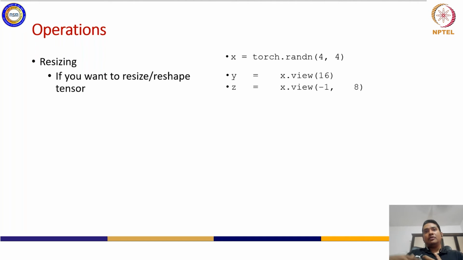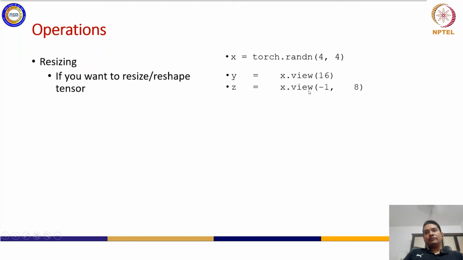If your input data dimensions or, let's say, the number of batches vary, you cannot hard code the resizing factors. So let's say I want to resize this x tensor into another two-dimensional tensor as z. So x is one two-dimensional tensor, 4 by 4. Now I want to resize it into another two-dimensional tensor as z.